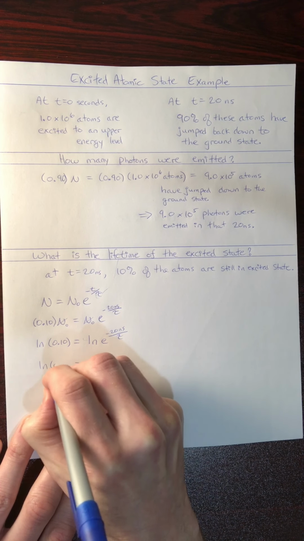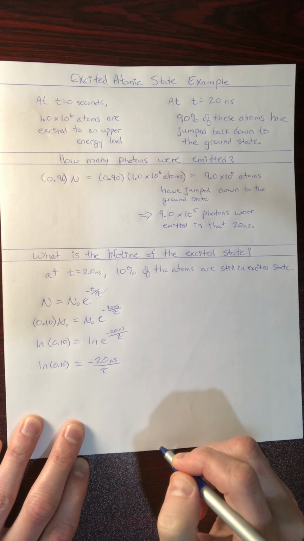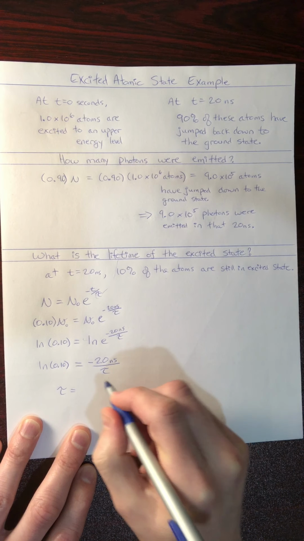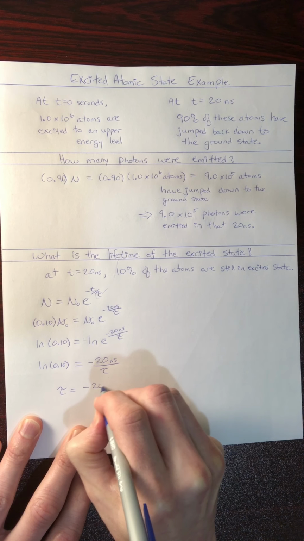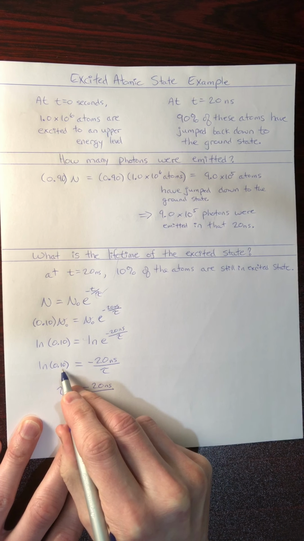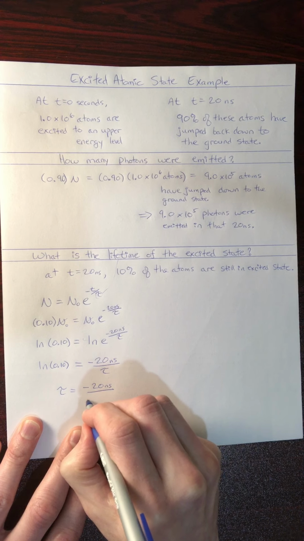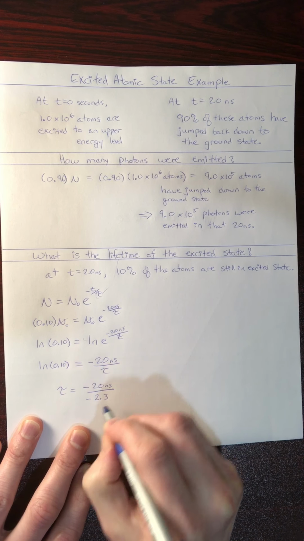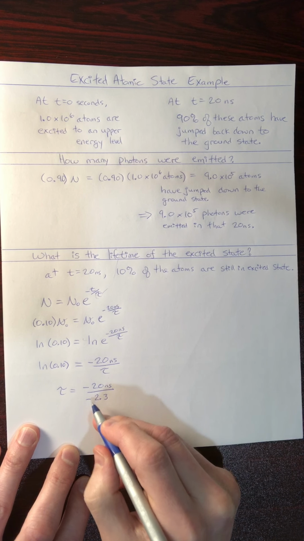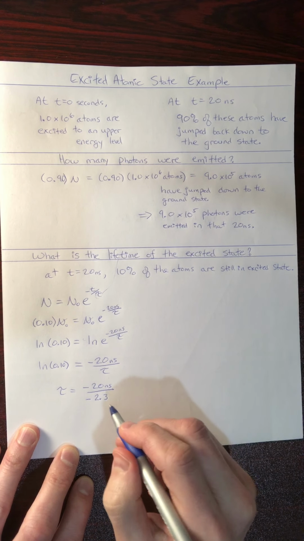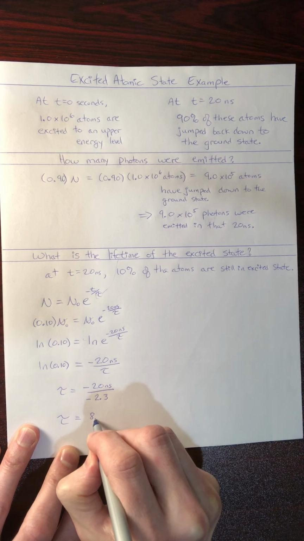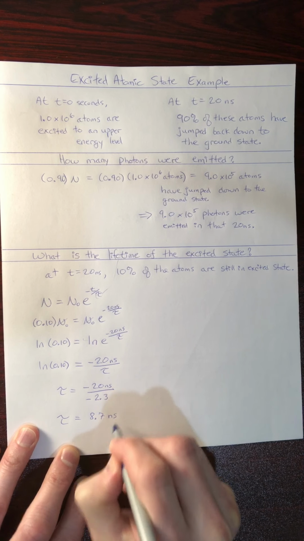I'll keep it as ln for this line. Looks a bit more neat and tidy. So now we isolate tau, and tau is going to be negative 20 nanoseconds over this. Well, ln of 0.1 is negative 2.3. That makes sense that the negatives now cancel because we want a positive time here. Expect a positive time. And so we get a tau value of 8.7 nanoseconds.